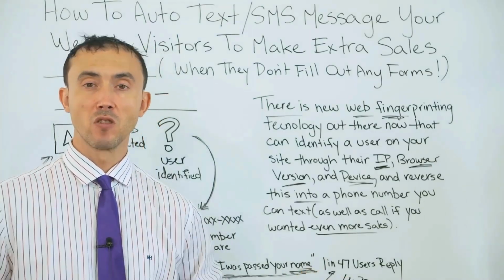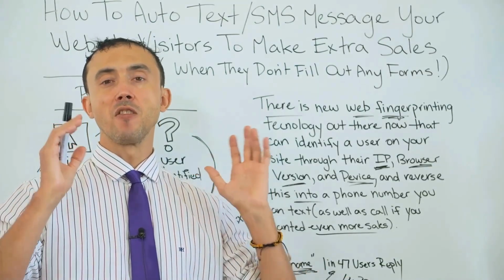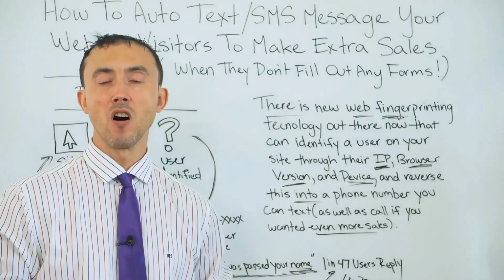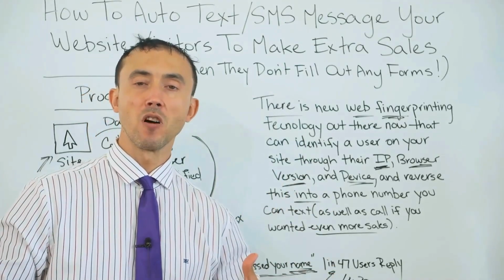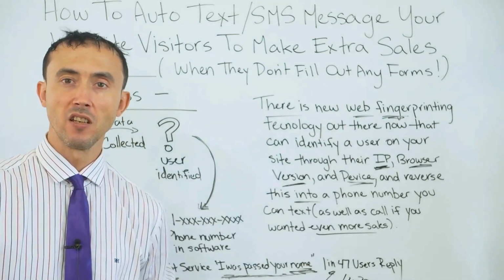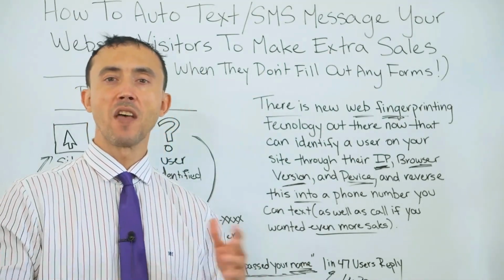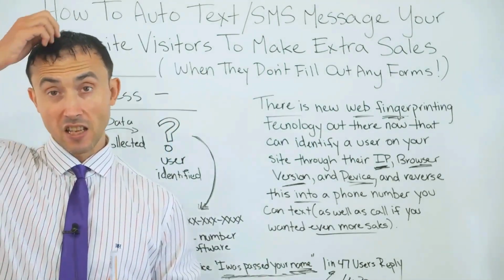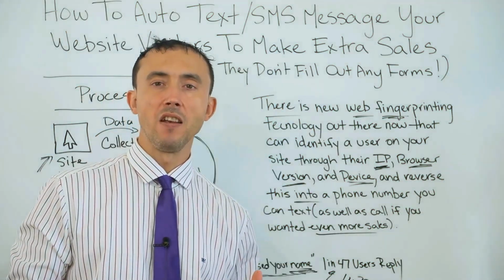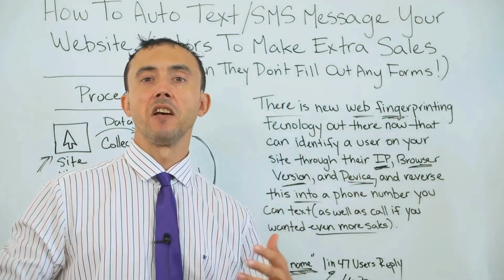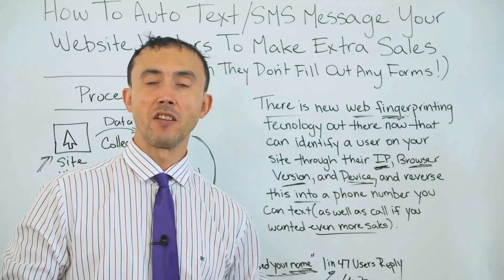You just got to get them to call, like I talk about all the time on this channel. If you can get more people to call you when they hit your site, you're going to make more money. So what can you do to get them to call you more? Well, you put the number in more places, you put your hours next to the phone number, that kind of thing. This is the same kind of thing overall. You get them to respond, you get a conversation going, and then that increases the likelihood of the sale.